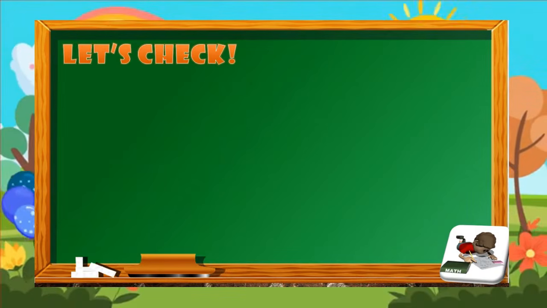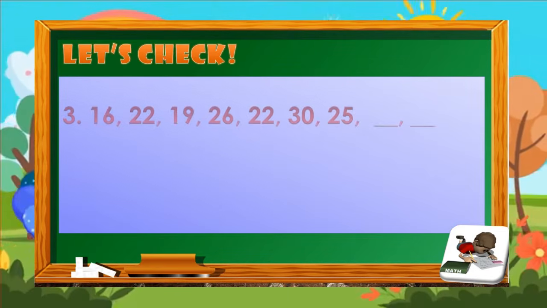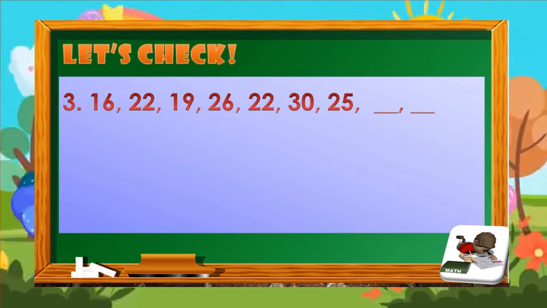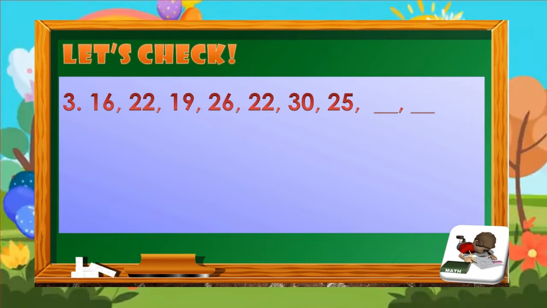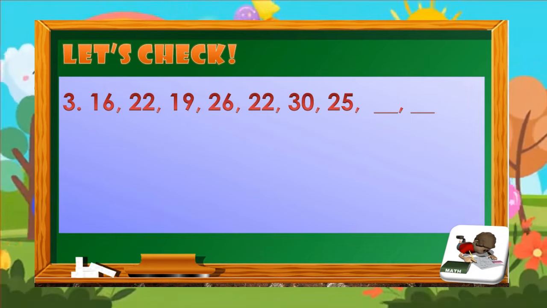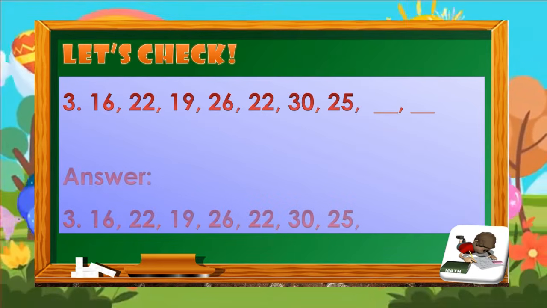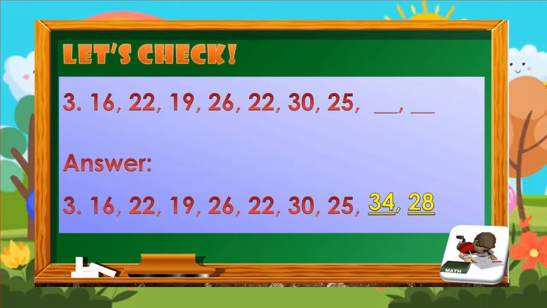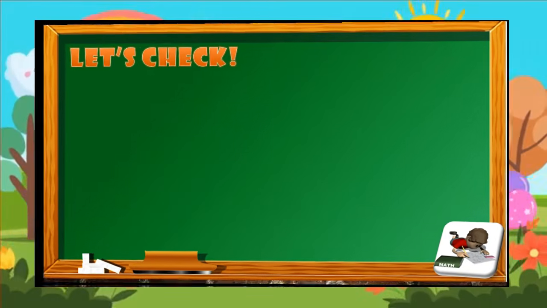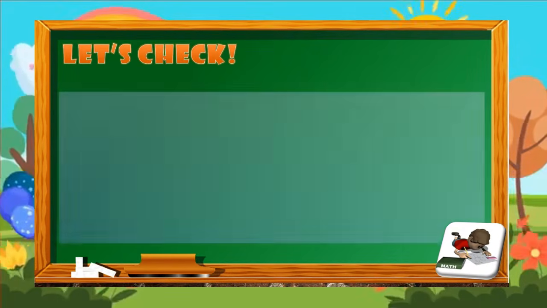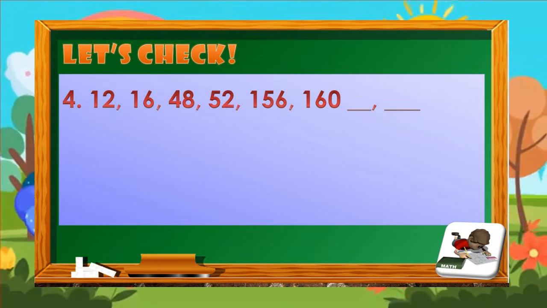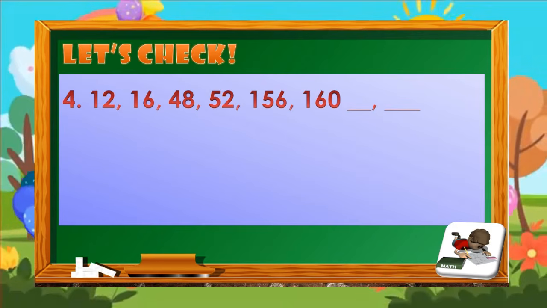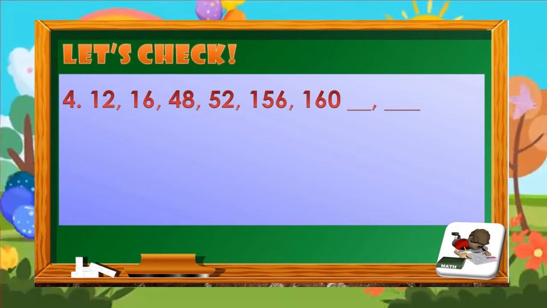For number 3, the given numbers are 16, 22, 19, 26, 22, 30, 25. And the answer for number 3 are 34 and 28. For number 4, the given numbers are 12, 16, 48, 52, 156, and 160.